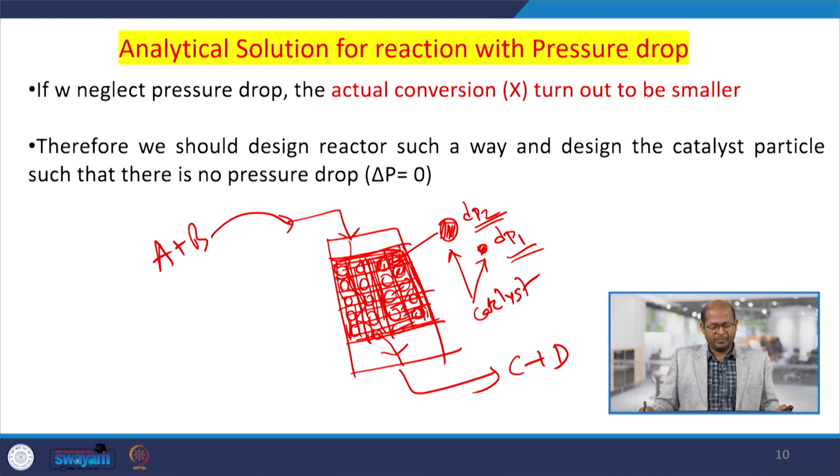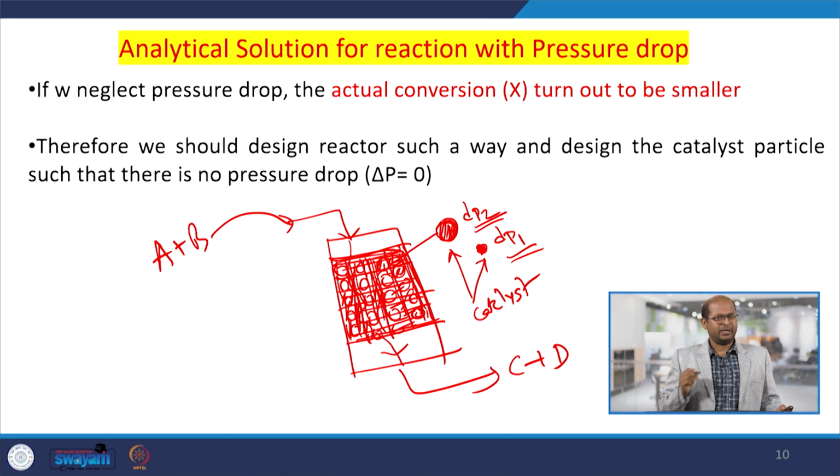So, either way we can design the particles, with a particular shape, that may be spherical. It may be a smaller diameter or a larger diameter, and that also would affect the packing inside of the packed bed reactor. Based on that, the reactions we are considering would be affected, and at the same time the pressure drop will also be affected.